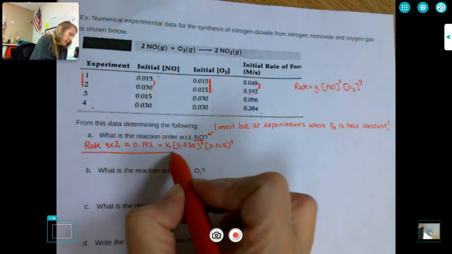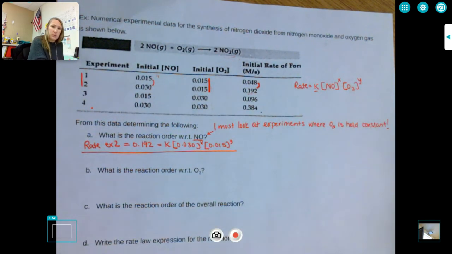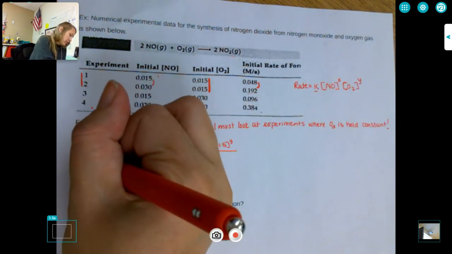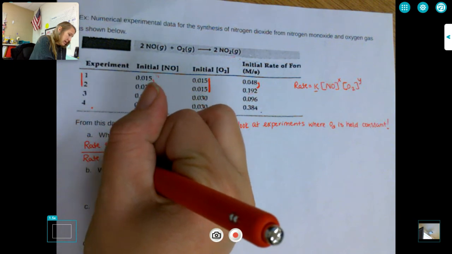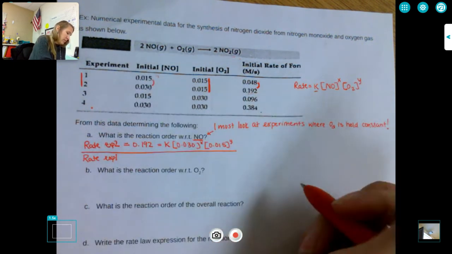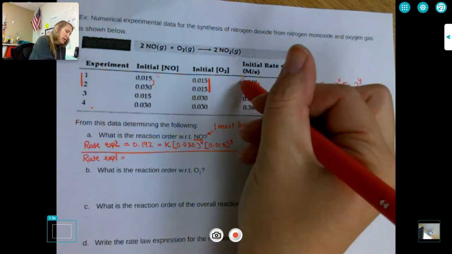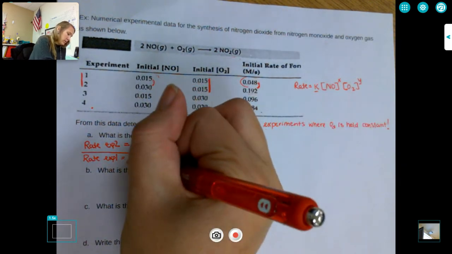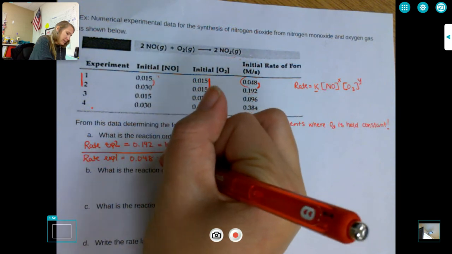And that is over the rate of experiment 1. Experiment 1 has a rate of 0.048.